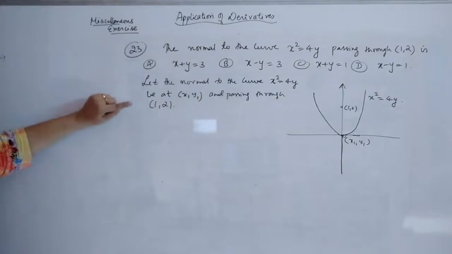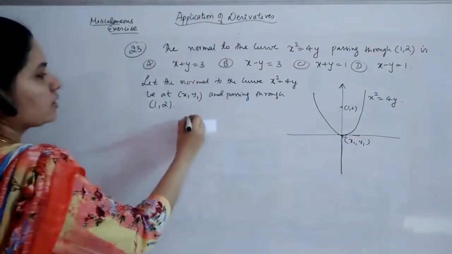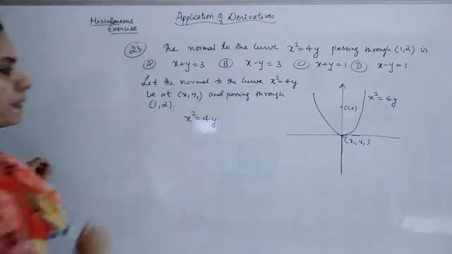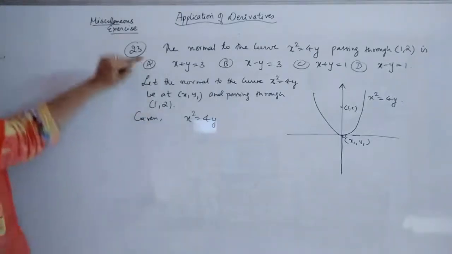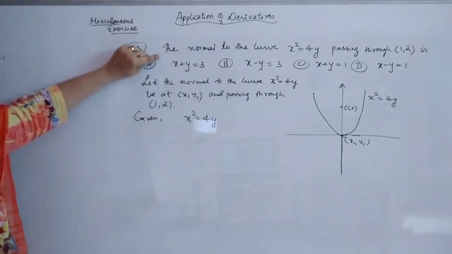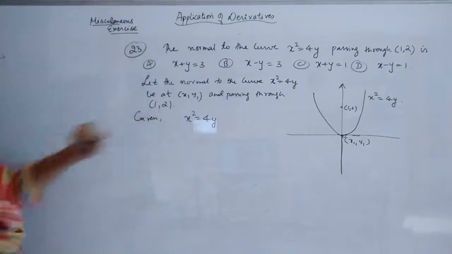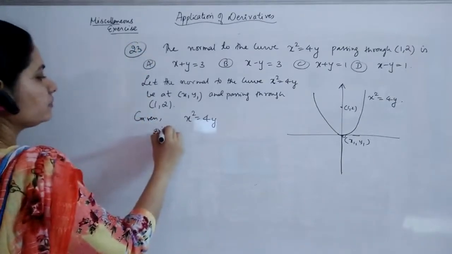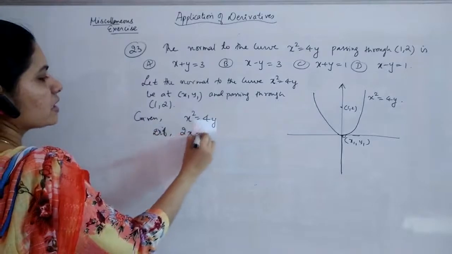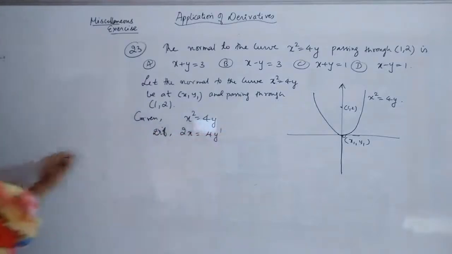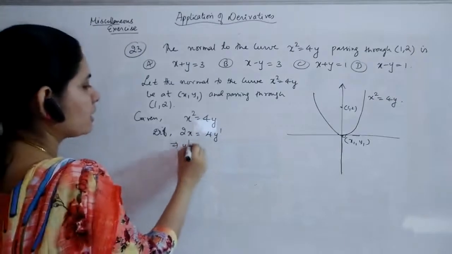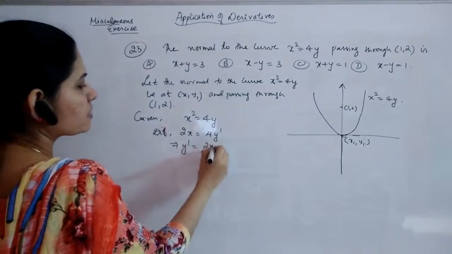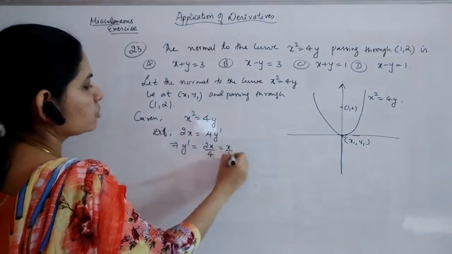Now we are starting the problem, that is x square equal to 4y is given. Differentiating this, because in order to get the normal's equation, we need the slope of the normal also. So first we will differentiate this. Differentiating, we will get 2x is equal to 4 into y dash. So y dash, or dy by dx, is 2x by 4, which is x by 2.